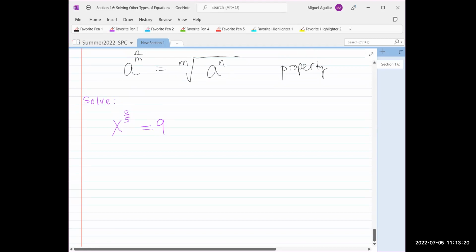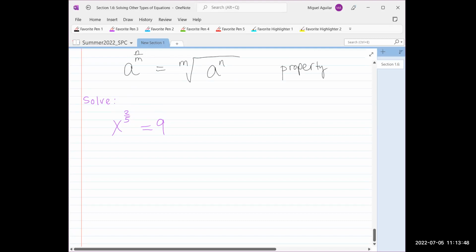There you go. Now I will say there is a more direct way to solve this, but the way I'm going to show you is to convert this to a radical expression and then solve it the way we would solve a radical equation, okay? That requires you to think about what is the power and what is the root.